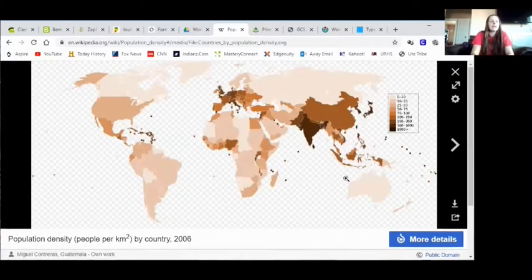This map is showing us population density in the world. As you can see, the darker colors are the areas where people are more population dense. If people are more compact, that means they're dense.